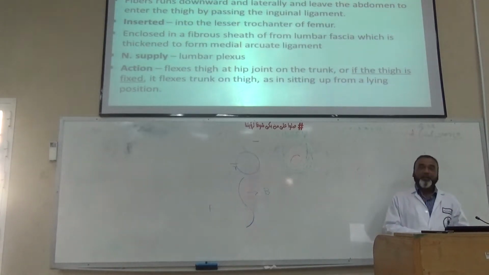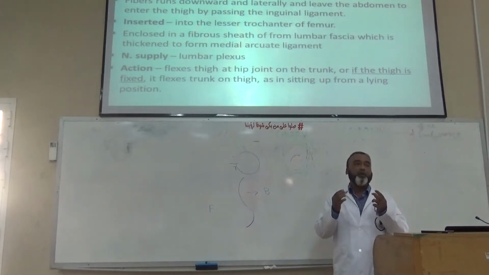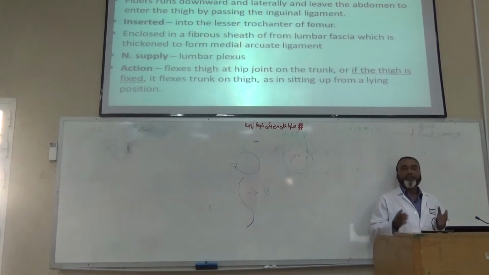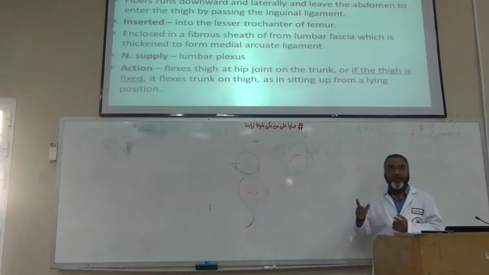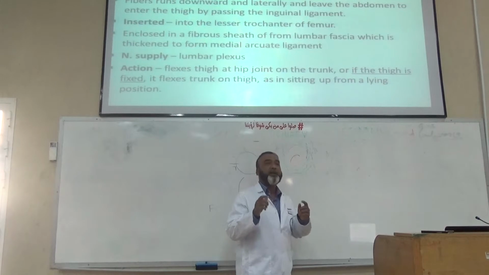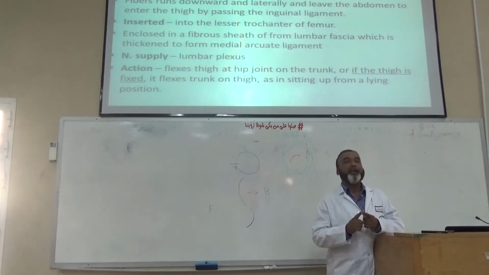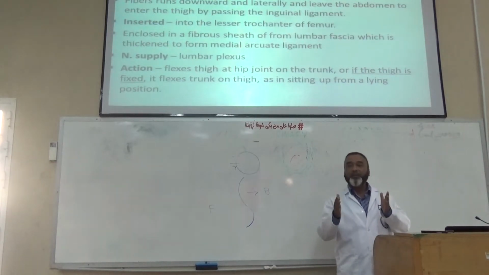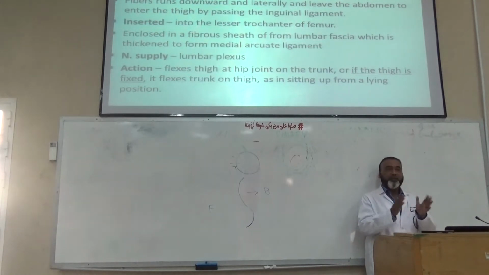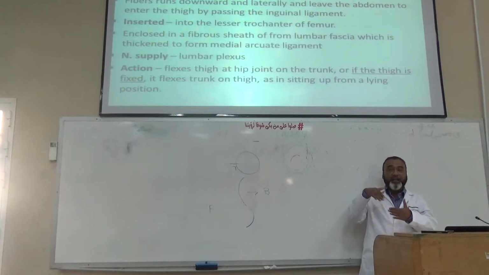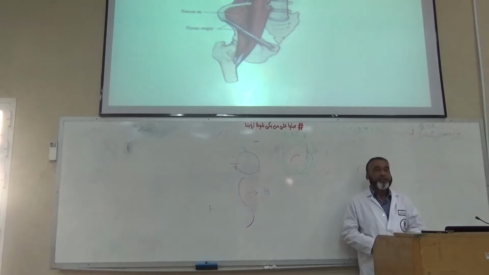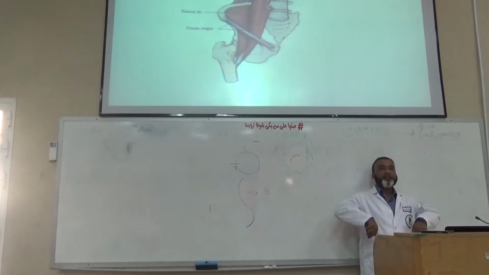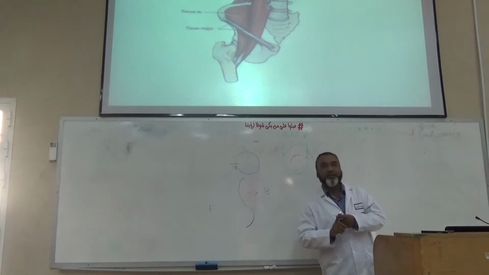The psoas major originates from the roots of the transverse processes, from the sides of the bodies of the vertebrae, plus the intervertebral discs, from the 12th thoracic to the 5th lumbar vertebra. It passes downward on each side of the vertebral column, passes under the inguinal ligament, and then passes towards its insertion over the lesser trochanter of the femur.